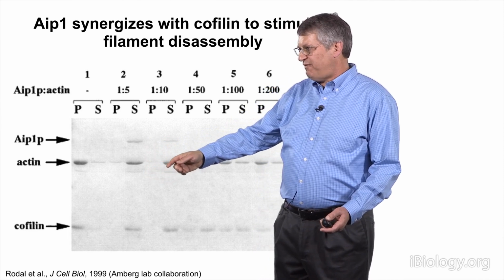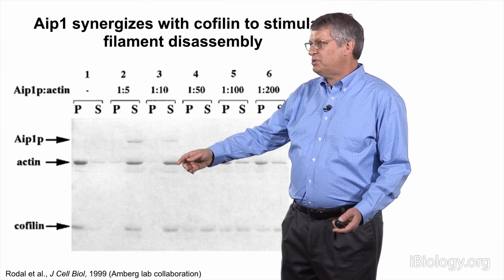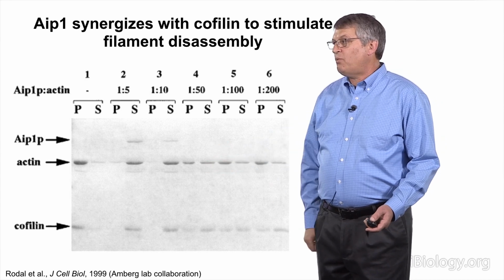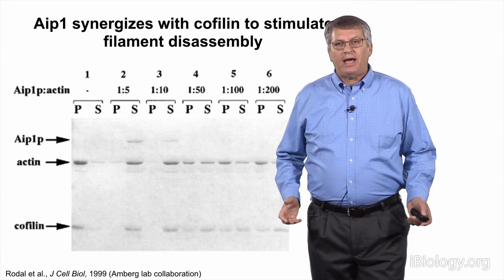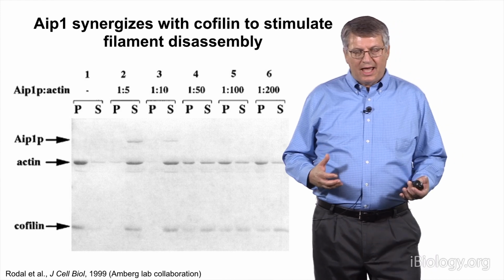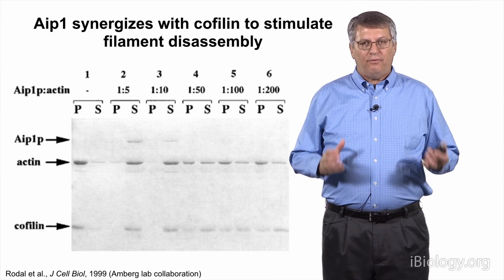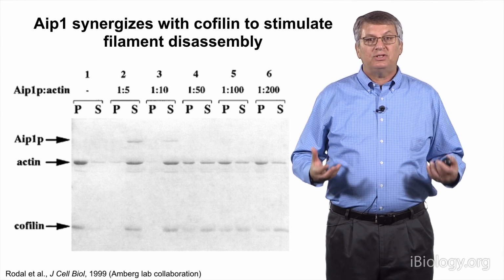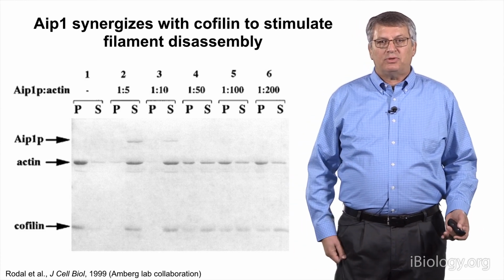And she could see these effects even at low stoichiometries like 1 to 10, and there was even an effect here evident at 1 to 50 levels. So AIP1 was working together with cofilin to reduce short fragments of actin into likely actin monomers that could not be pelleted by ultracentrifugation.